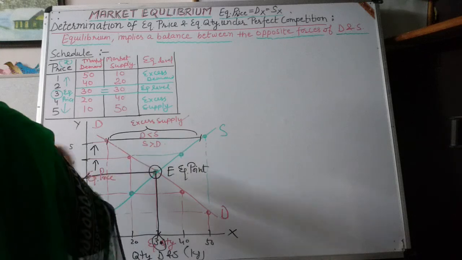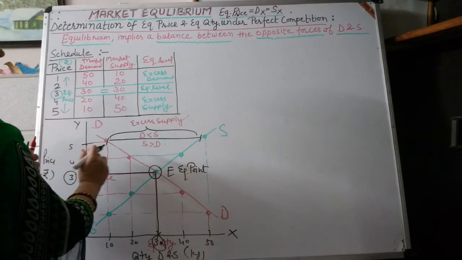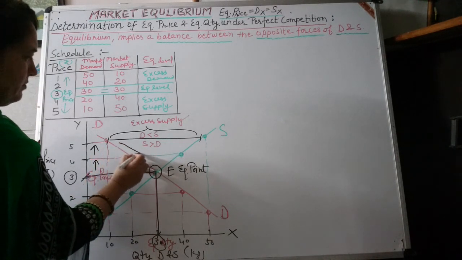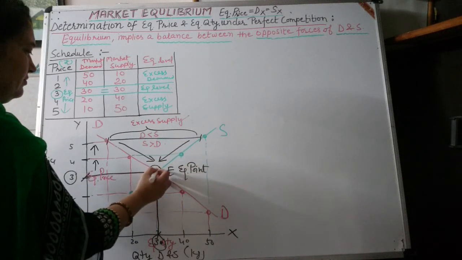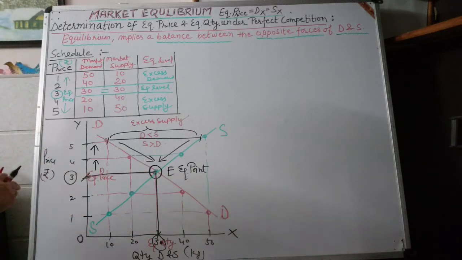Now how can we remove the situation of excess supply from the economy? As we extend demand and contract supply, we can again achieve the situation of market equilibrium.